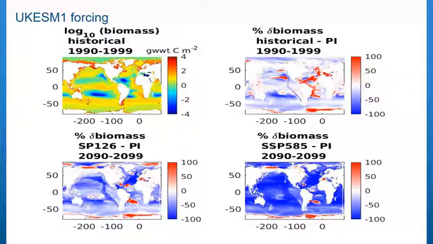In the bottom left, we now have a comparison to 2 SSPs, 126 and 585, sort of the good and the bad, as it were. And you can see that in both of them, there is a significant decrease. And in particular, in the 585, there is a very widespread decrease in biomass. This is a percentage change. So you're talking very large percentage changes in the biomass out to 2100.